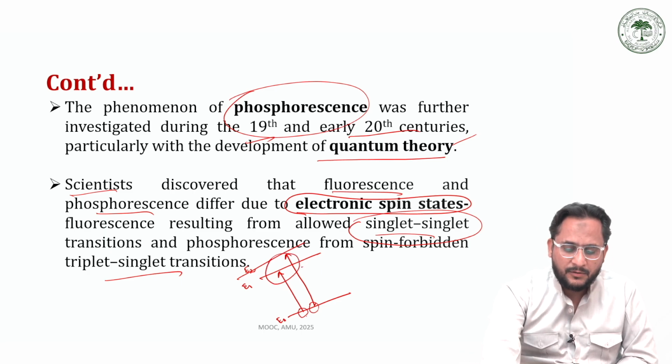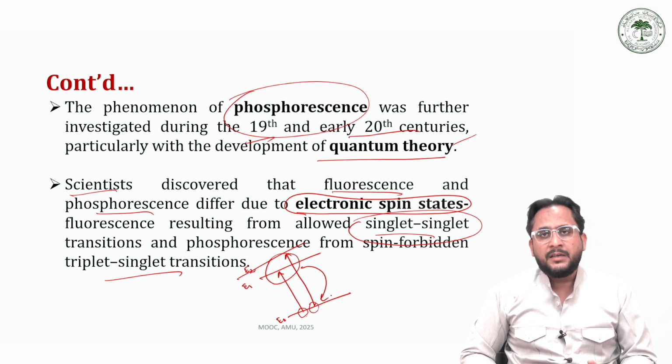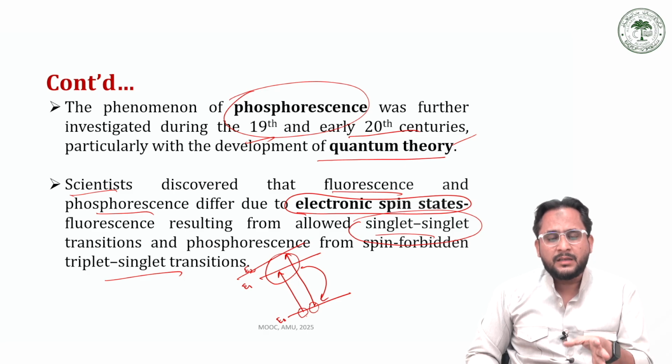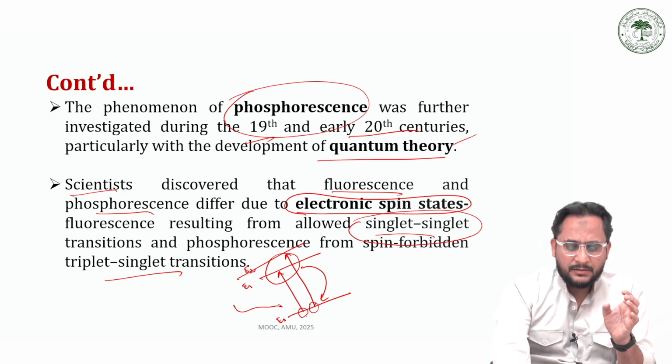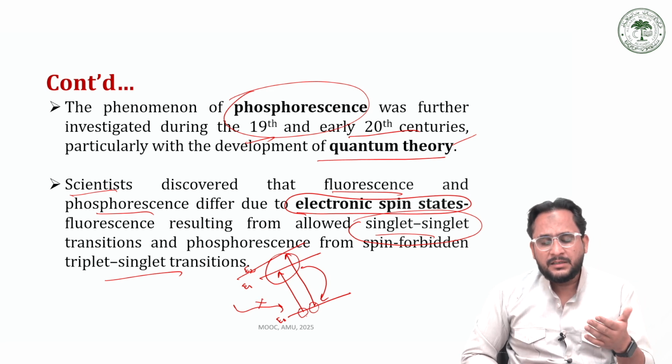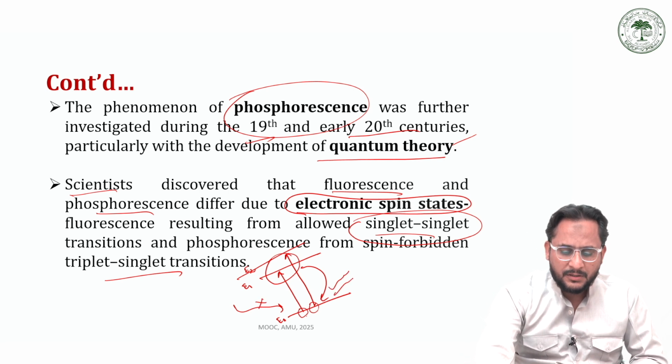When these electrons come back from the singlet state, they emit light, and since the singlet state is a short-lived state, the light immediately disappears as soon as the incident light is stopped.